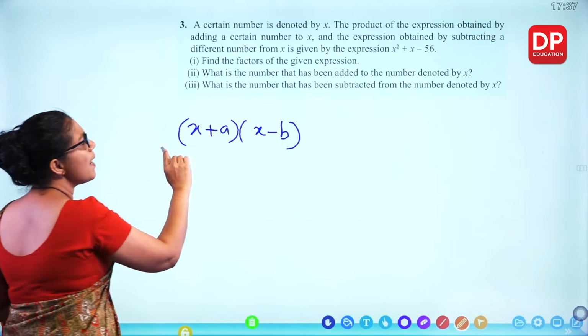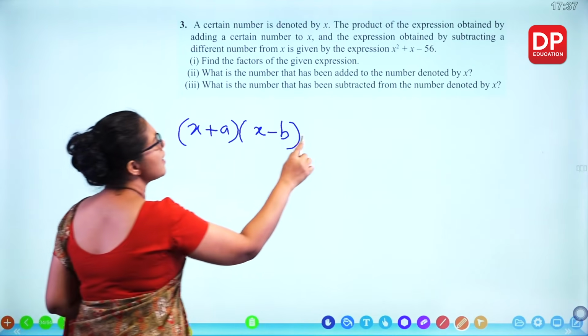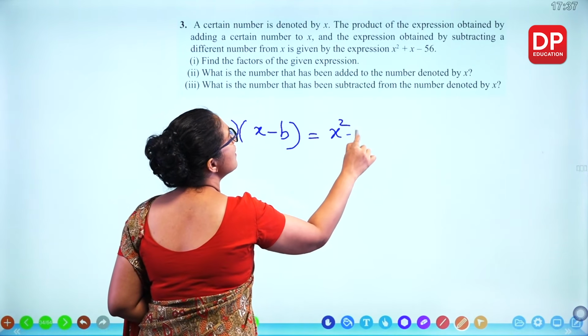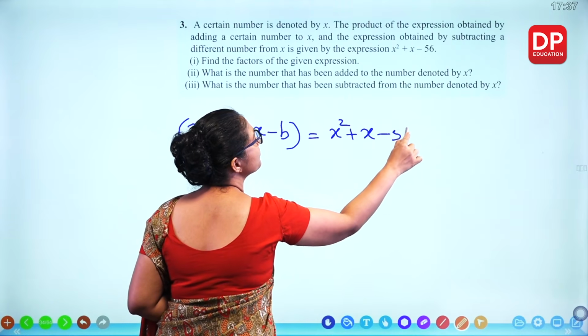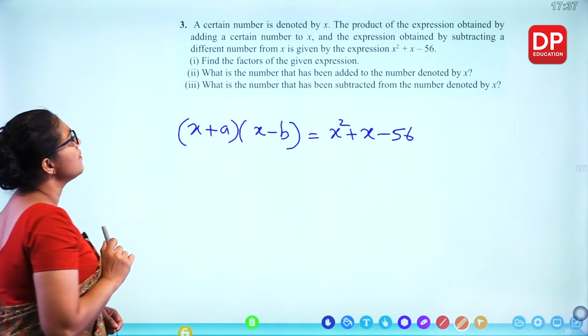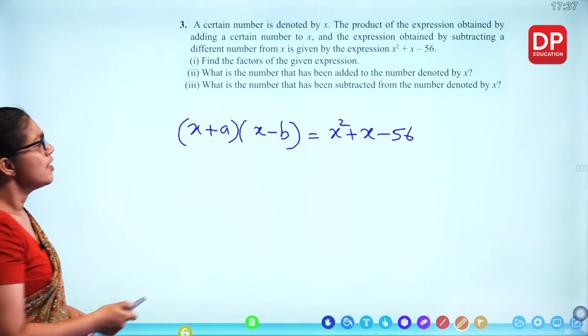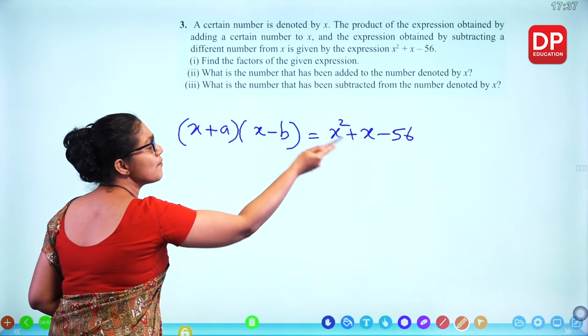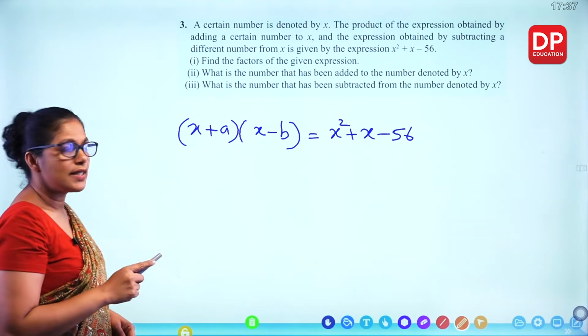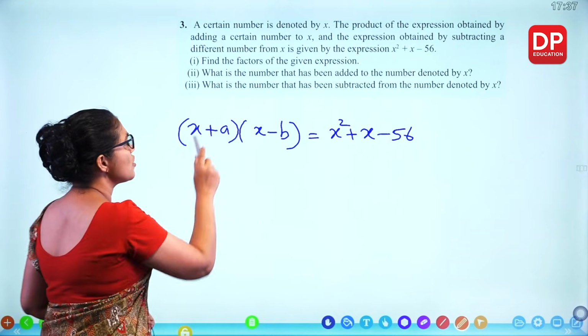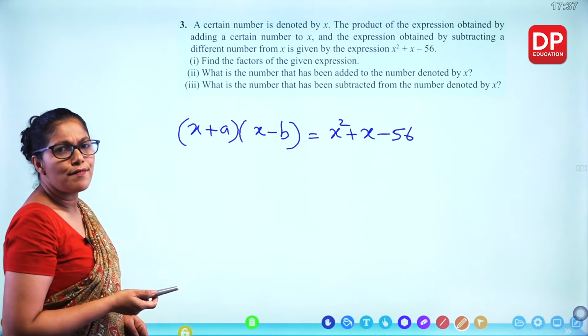When you multiply these two, you get this expression. In the first part it says find the factors of the given expression. So you are doing reverse order. Here this is the expression and you are asked to find the factors.